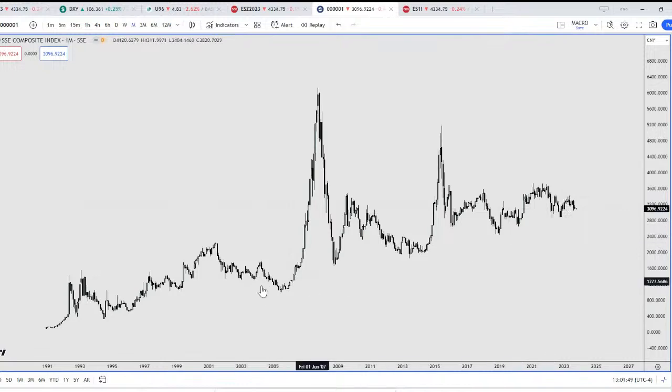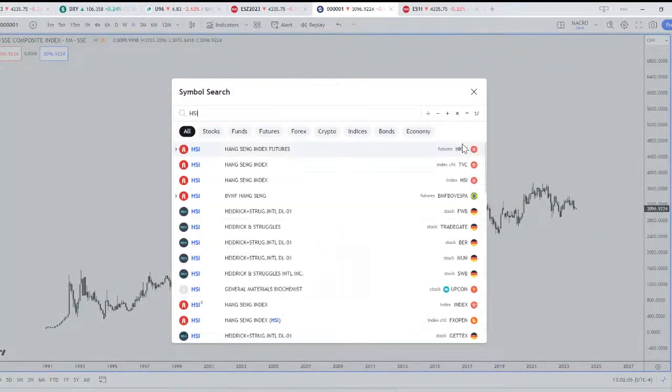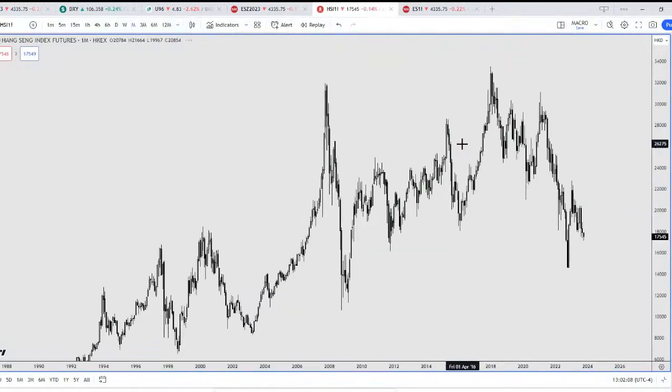I'm not too sure about China markets, but so far it has been respecting the ICT PD arrays. Okay, on HSI. So the date here is 1st of June 2015, right? Say we have lower highs, but then we have higher highs here.